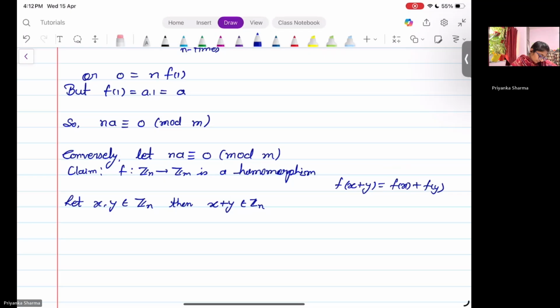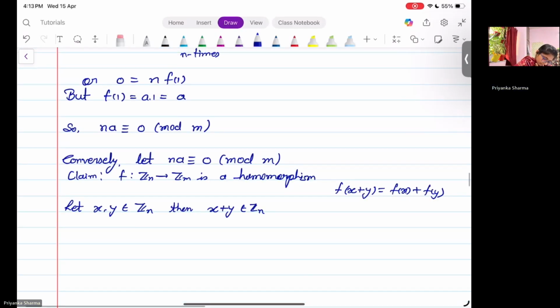So simply use the Euclidean algorithm here for given n.